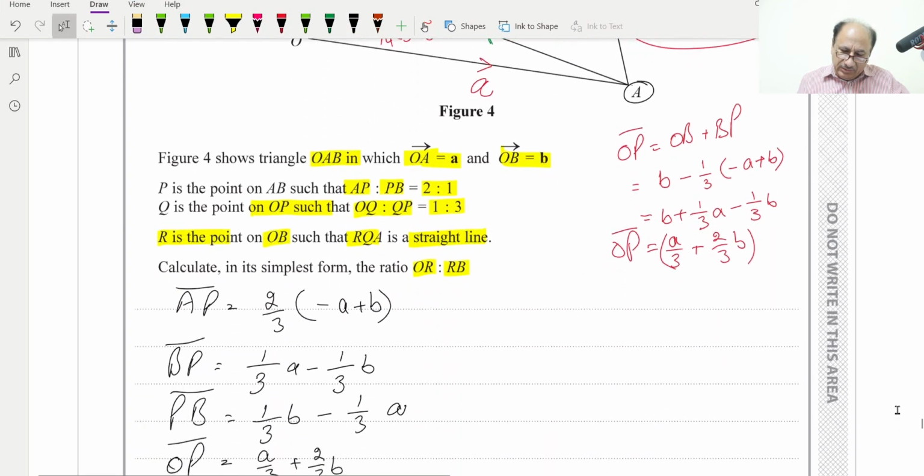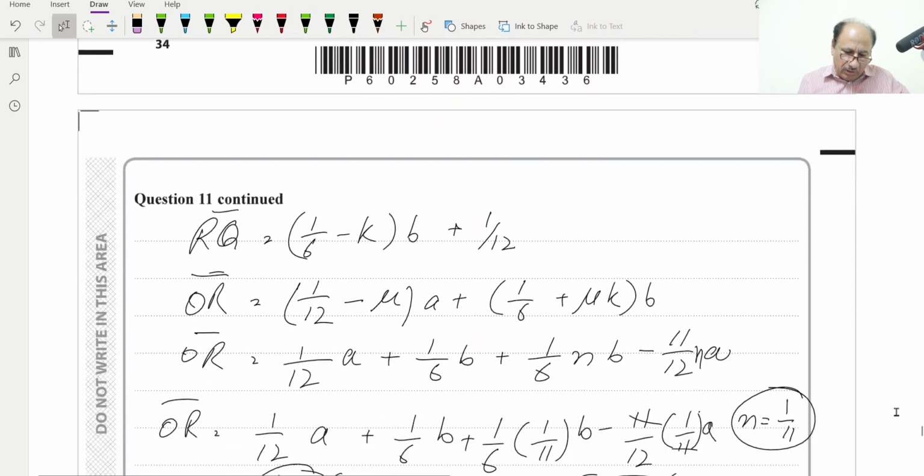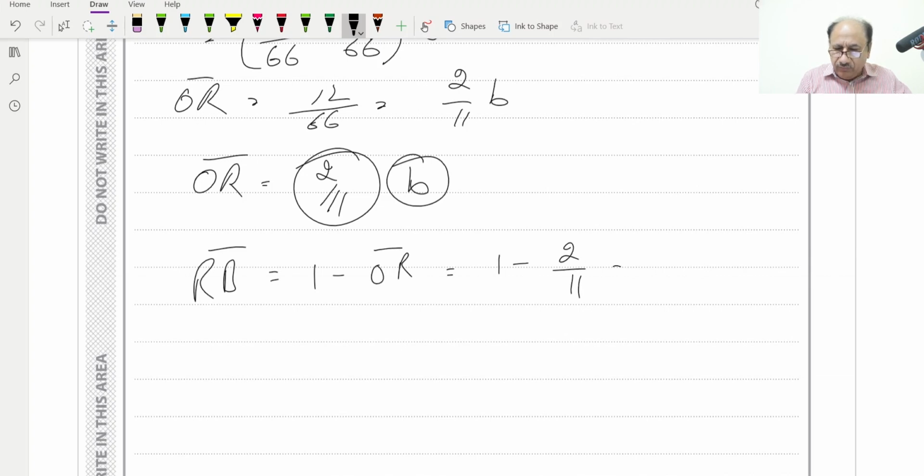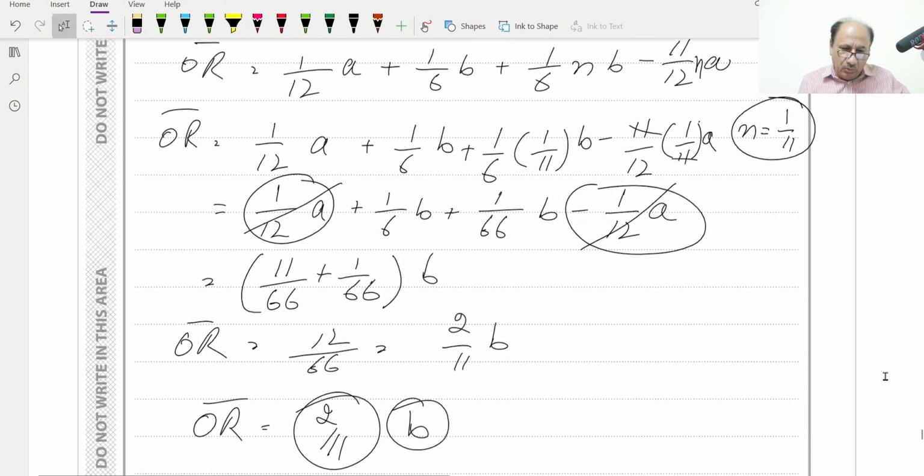So we can say that RB is equal to 1 minus OR, which is equal to 1 minus 2 over 11, which is equal to 9 over 11. So now the required ratio is what?